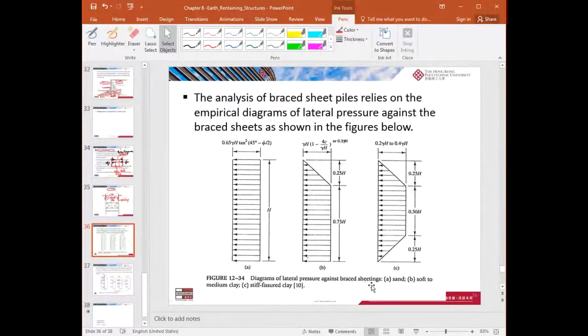What are they? Well, if there is a wall under different levels of struts, that's the braced excavation. Now, what's the soil pressure acting on this wall? Now, it could be divided into three cases.